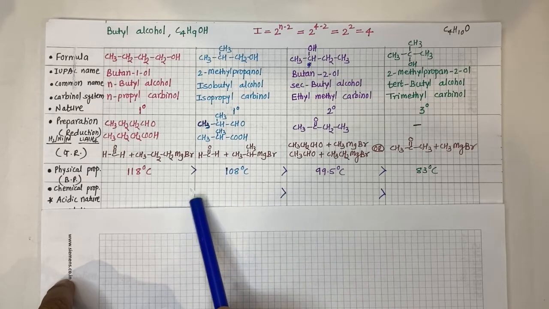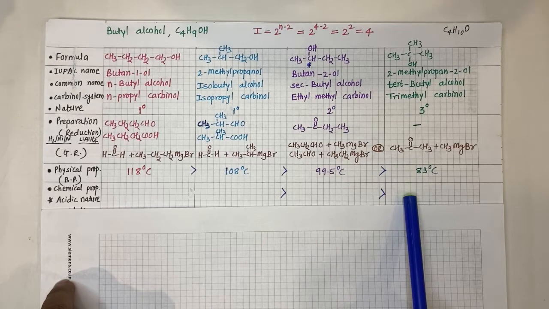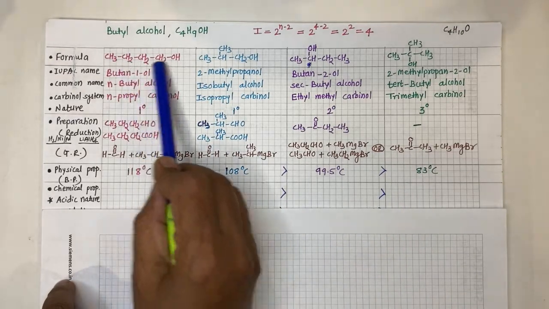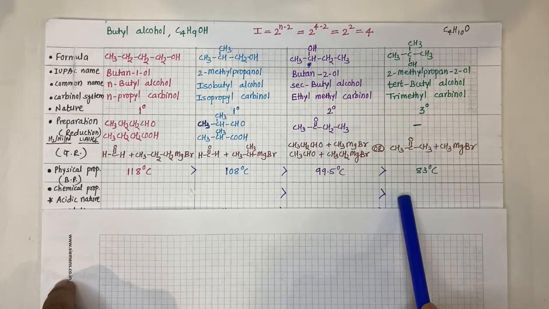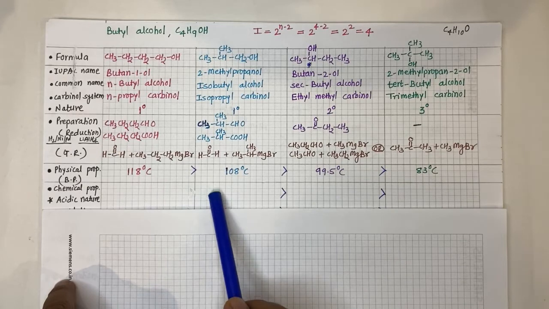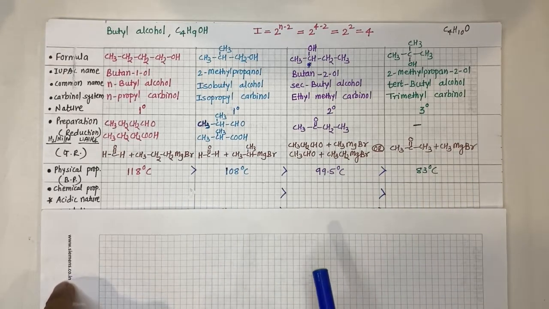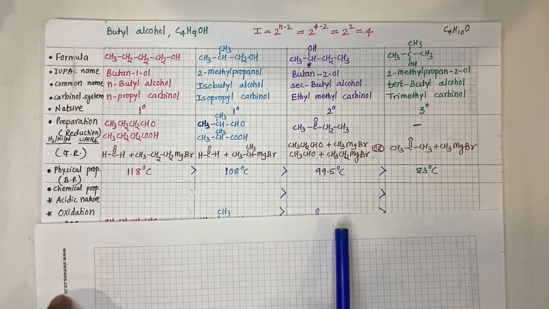Primary is more reactive than secondary, which is more reactive than tertiary. Therefore among these four, tert-butyl alcohol is the least acidic while the primary ones are comparatively more acidic.